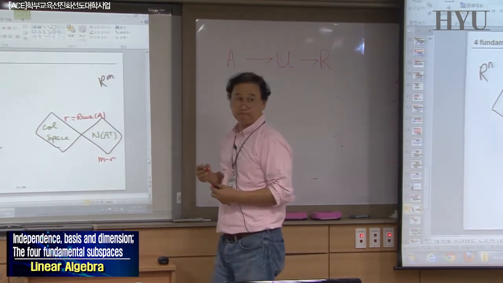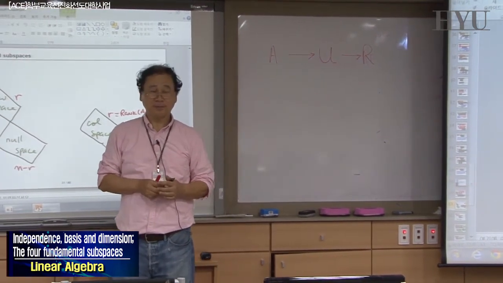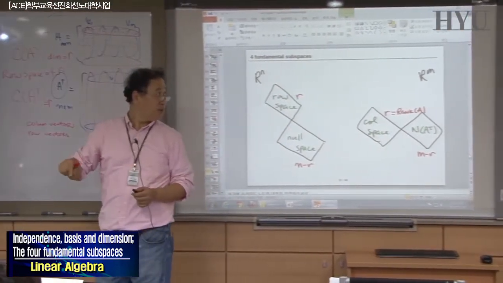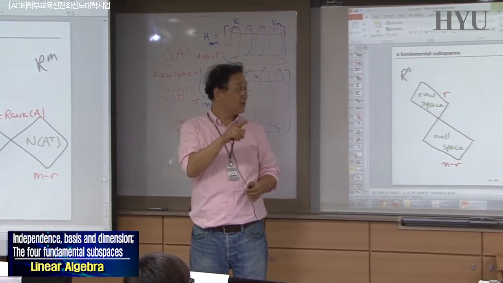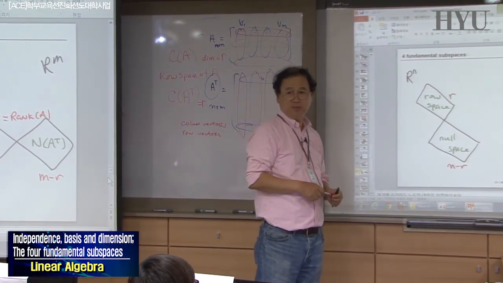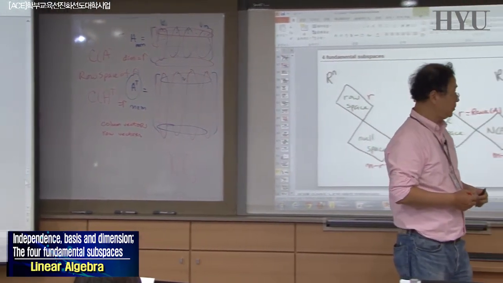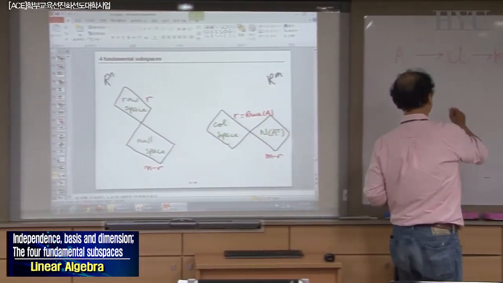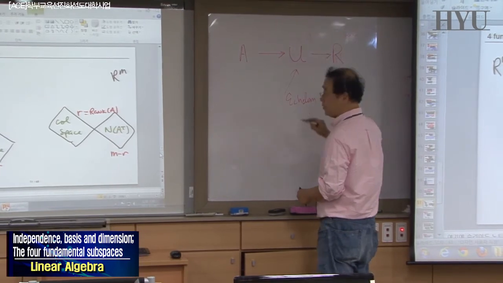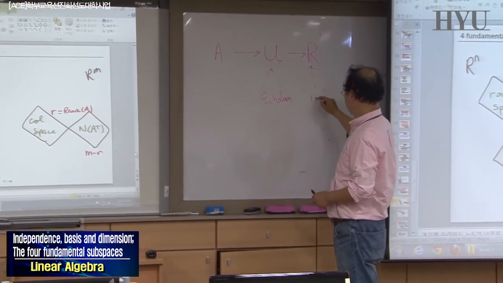What's this? This is A going to U, and then going to R. This is the echelon form, the row reduced echelon form.